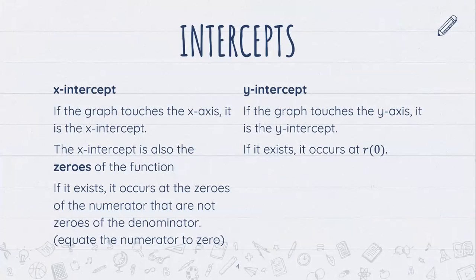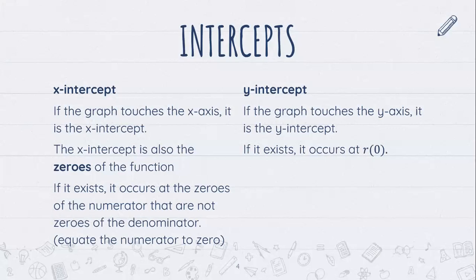Ngayon, class, you are familiar with the zeros nung junior high school kayo. Yung zeros natin is actually the x-intercept na rin. So kapag pinahanap sa inyo kung ano yung zero ng function, yun na rin yung x-intercept ninyo and vice versa.